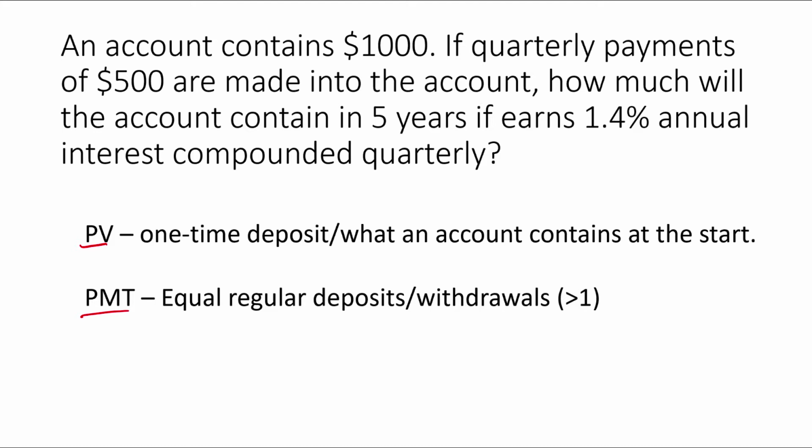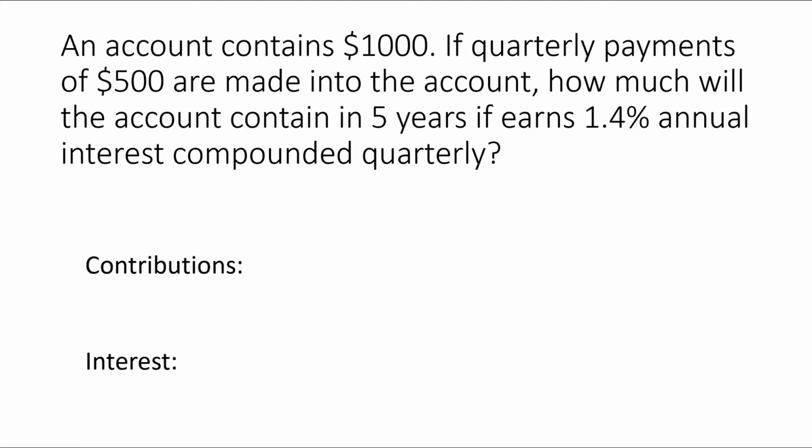A payment is something that happens with some regular frequency, so they're equal regular deposits or withdrawals, more than one of them. If it's just a one-time thing, it's a present value, but if it's more than once, it is a payment. All right, so let's go ahead and work this problem now that we know that.